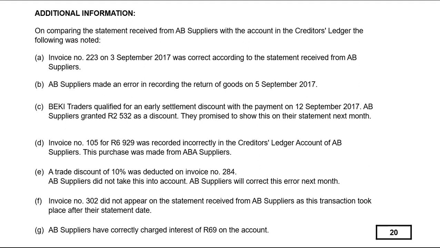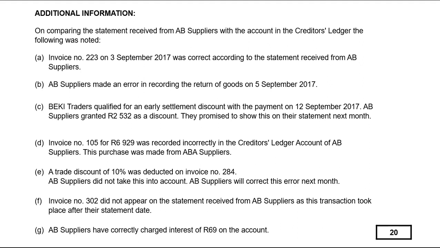Now, A, it says that invoice 223 on the 3rd of September was correct according to the statement received from AB suppliers. Basically, they're telling us that AB suppliers recorded the correct amount and we recorded the incorrect amount. So we need to correct our creditors ledger.